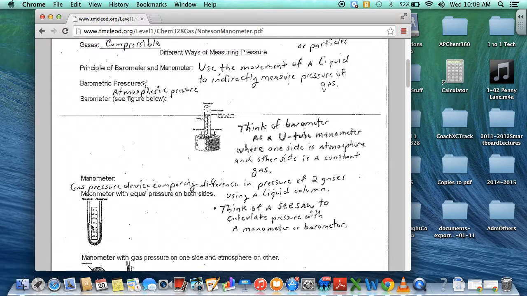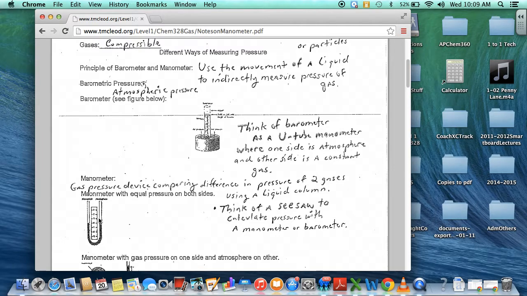The way I remember manometers and barometers is using the seesaw. As you know, a seesaw is that thing that you and somebody else sit on and you go up and down. Well, if you both have the same mass, and mass is a way of saying, in this case, pressure, you're going to be straight across.